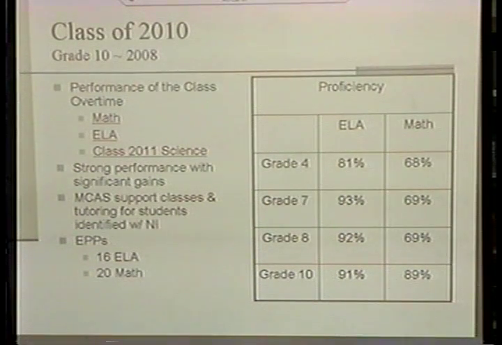The significant gains, we think to a certain degree, come from the implementation of algebra in grade 8, because they've been introduced to the topic earlier. We've learned a lot from that process, and I think when you see the 7th grade scores this year, you're going to see the benefit of another piece that we put in place. But they got introduced to that early, they got remediation and practice along the way, and we think that's helped their scores. We're going to have to look into it a little bit deeper.